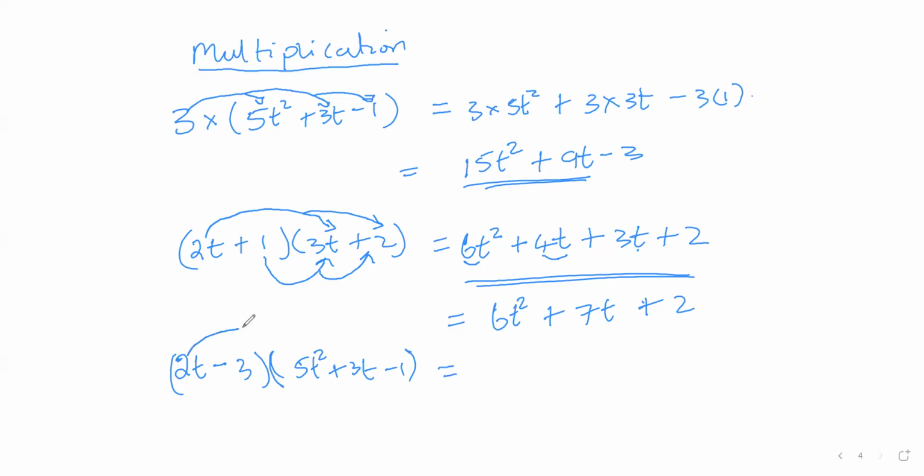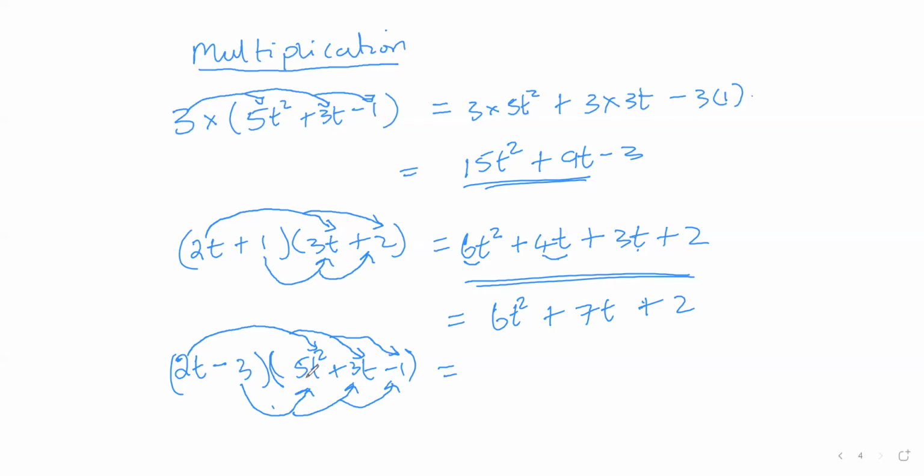This term times each of these, all right, adding your answers. This term times each of these, minus this term times each of these, basically. Okay, like that. So we start with 2t.